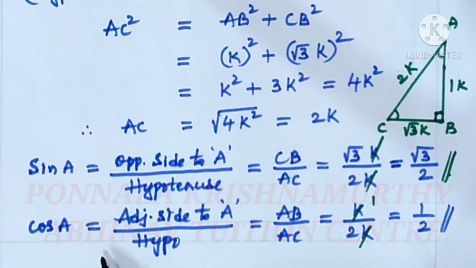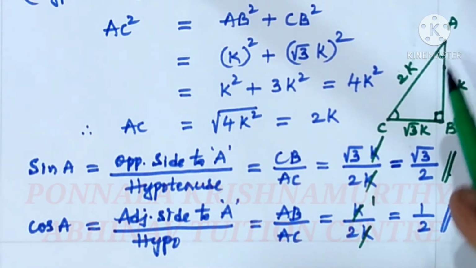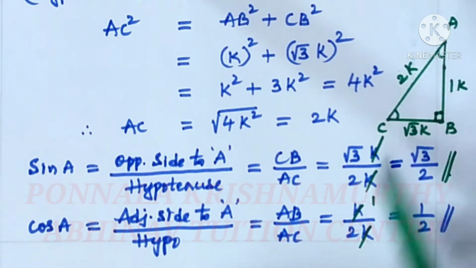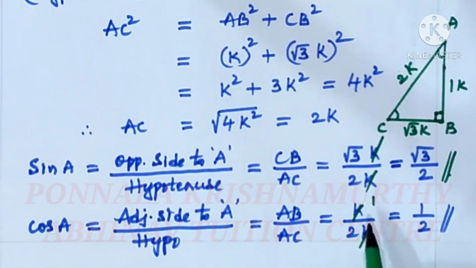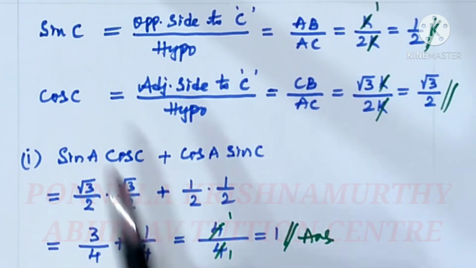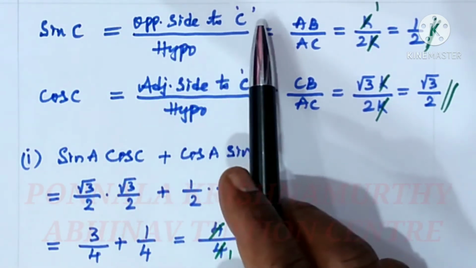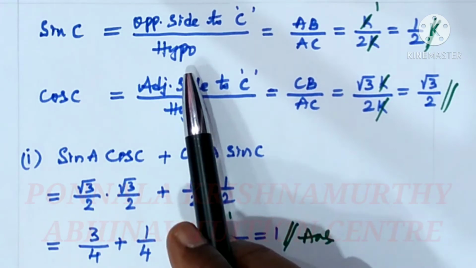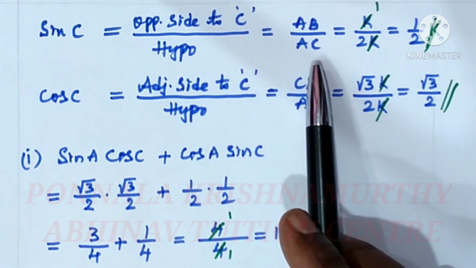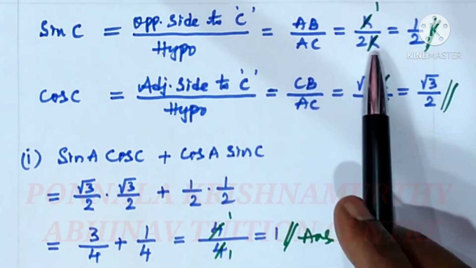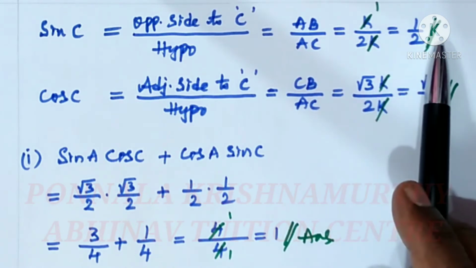Similarly cos A is equal to adjacent side to A by hypotenuse, so AB by AC, AB is K by 2K, K cancel, 1 by 2, answer. Sin C equal to opposite side to C by hypotenuse, so AB by AC, AB is K, AC is 2K, K cancel, 1 by 2.